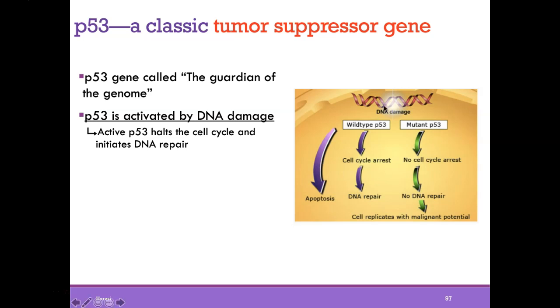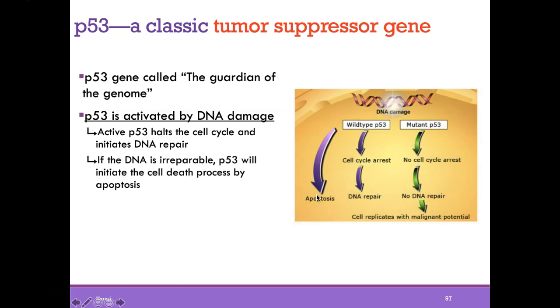So normally, P53 detects any DNA damage, it gets activated by DNA damage, and then it'll tell the cell cycle to stop. It will give the cell a chance to repair its DNA. If not, P53 will say, kill yourself. It'll say, do apoptosis, you're not good for the organism, you should die.